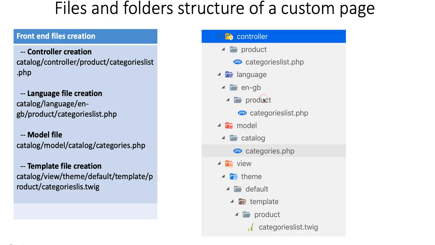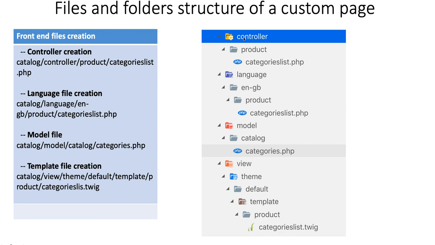Now, the files and folder structure of the custom page. If we are creating the custom page for the front end, then we need to create a controller file, language file, model file, and template file. We are creating it similar to the product section, so we are putting all of our files into the product folder.